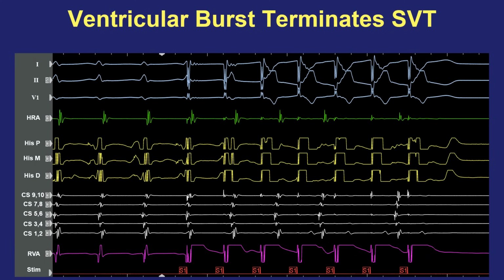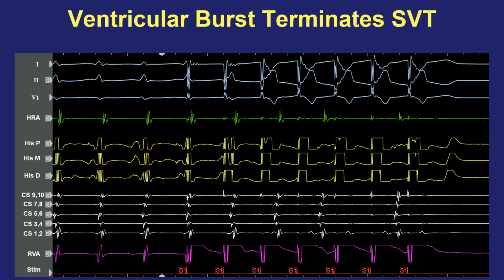Now here is a similar phenomenon, although with a train of ventricular paced beats rather than a single ventricular paced event. So here is a tachycardia on the left, and there was an attempt here to do ventricular overdrive pacing. But unfortunately, or maybe fortunately, the tachycardia terminated during ventricular pacing, and the operator might initially think, oh shoot, I didn't mean to terminate the tachycardia.